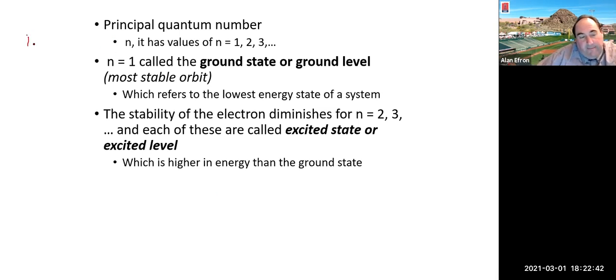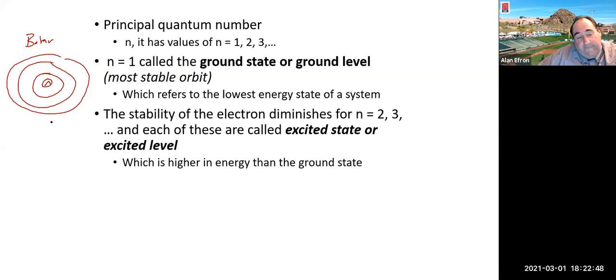A guy by the name of Bohr had this sort of planetary model where you have a nucleus and these orbits in which electrons are pretty much going in a circle, and it really doesn't happen that way. It's much harder to know where an electron is and how it's moving at any given point in time.